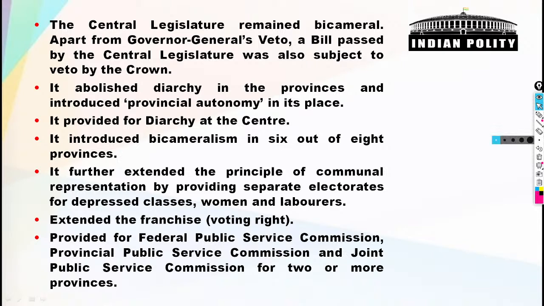Remember the 6 out of the 11 provinces, not 8 provinces, that is wrongly mentioned. You can check it, it is 11 provinces.